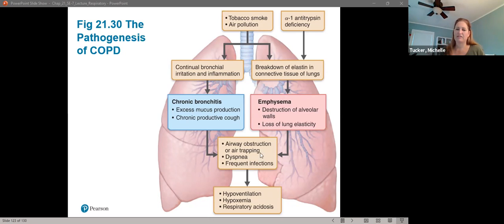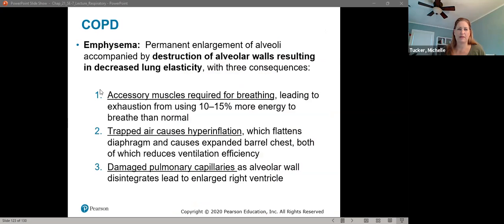In fact, it actually ends up trapping air in those alveolar sacs and leading to hyperinflation of the lungs. But it's not productive. So again, hypoventilation, respiratory acidosis, definitely decrease in function. So two different pathways.